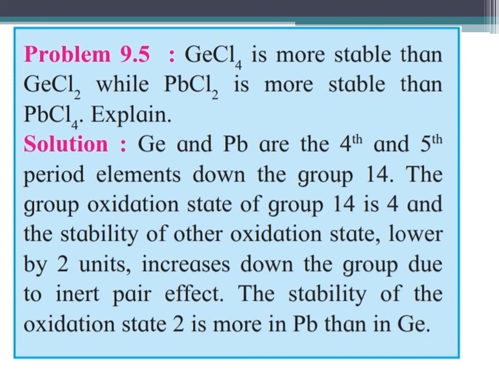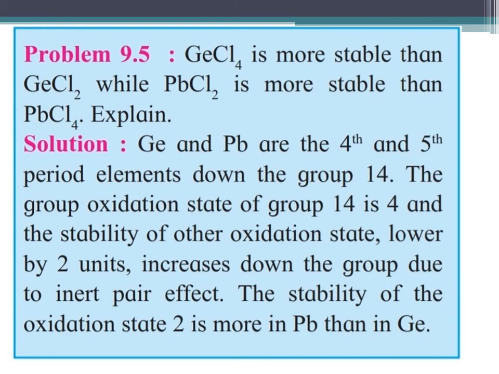Whereas when we talk about germanium, germanium is the third element, whether you see from the bottom or from the top. So my dear students, the +2 oxidation state of germanium is not as stable as that of lead. That is why the +4 oxidation state of germanium is more stable as compared to the +2 oxidation state.